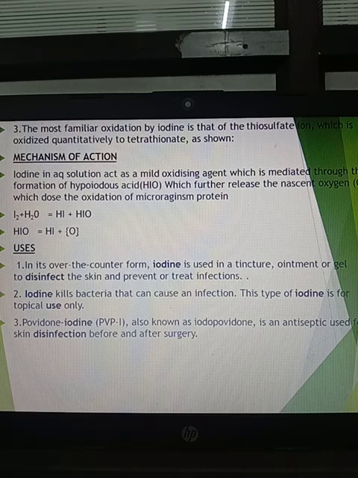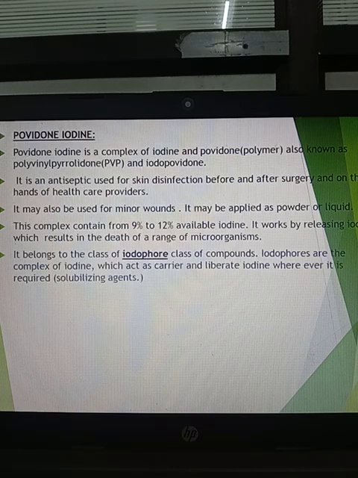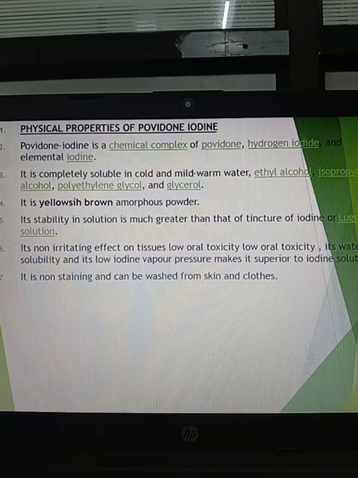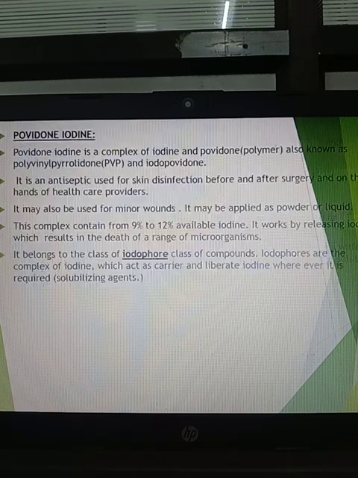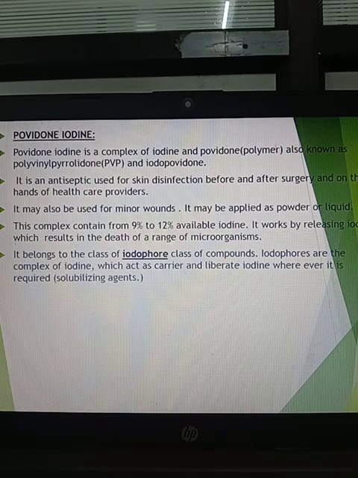Next, povidone iodine, PVP-I, which is also known as iodopovidone. It is an antiseptic used for skin disinfection before and after surgery. Now, povidone iodine solution is also an important solution, containing 9 to 12% iodine, which is pink purple in color.